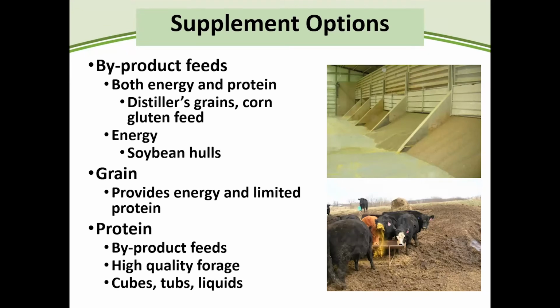Can they handle multiple supplements? Can they handle bulk? Do they have bins? Do they have flat storage? Are they feeding with buckets? Are they feeding with the little box mixers or feed delivery things that sit on the back of the pickups? How are they delivering this supplement to the bunk, to the animals in the same amount every day?